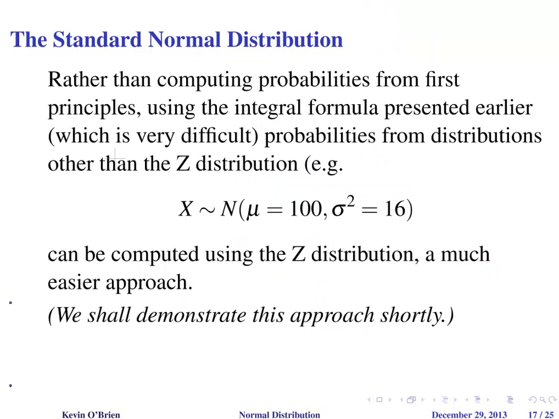Rather than computing probabilities from first principles using the integral formula presented earlier, which is very difficult, probabilities from distributions other than the Z distribution can be computed using the Z distribution, which is a much easier approach. For example, let's say X is a normally distributed random variable with mean equal to 100, let's say 100 kilograms, and variance equal to 16.